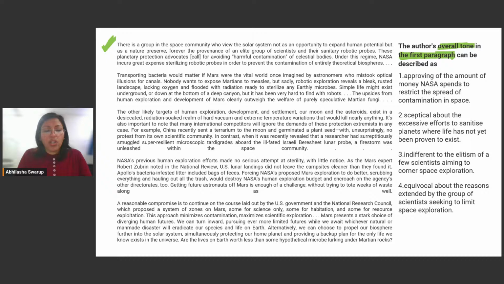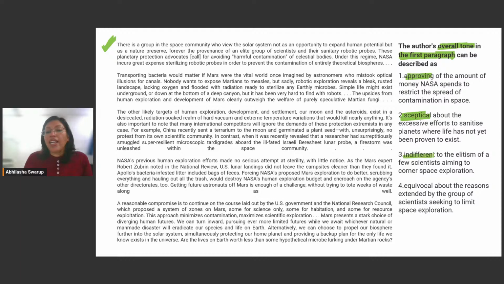It's a very, very interesting passage. Is he approving of the amount of money that NASA is spending to restrict the spread of contamination? Is he skeptical about the excessive efforts to sanitize planets where life has not yet been proven?